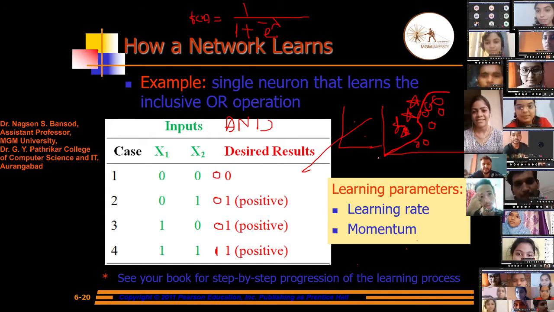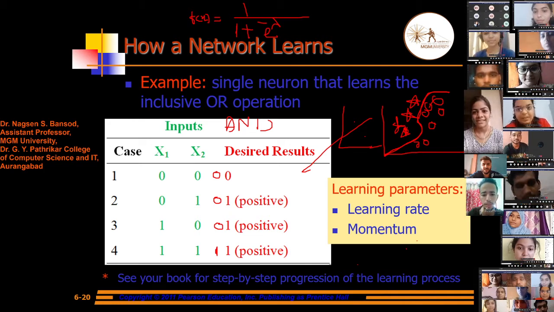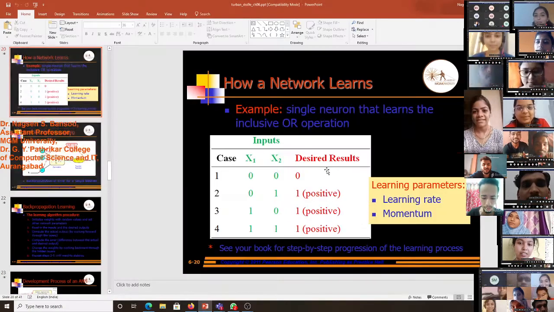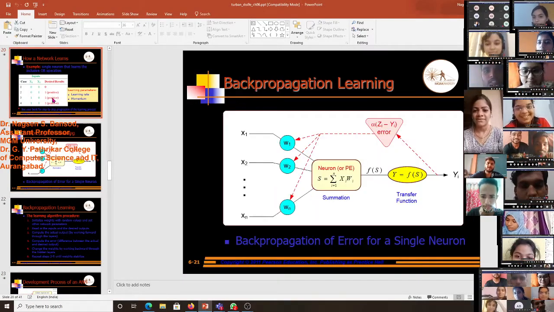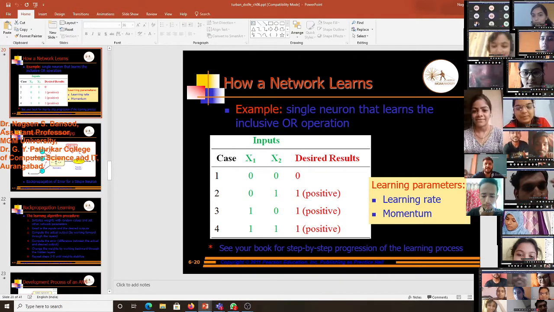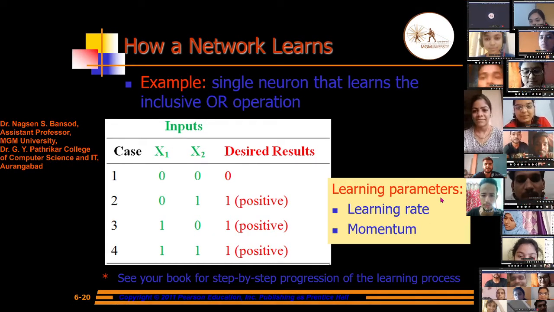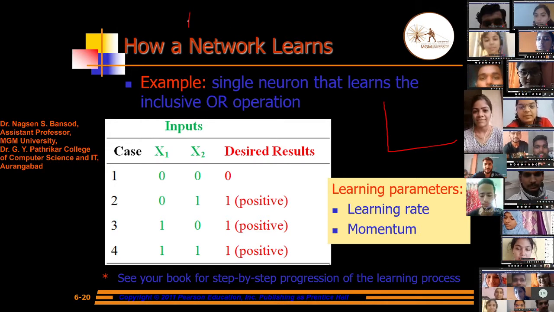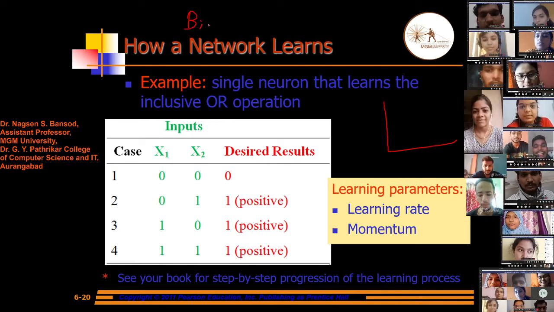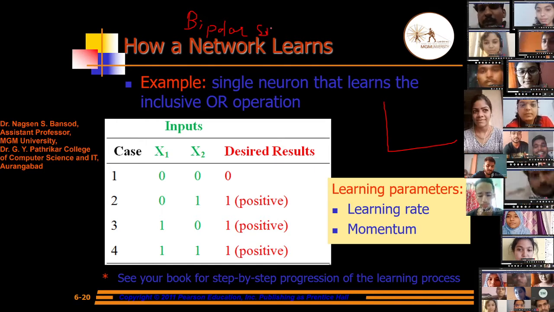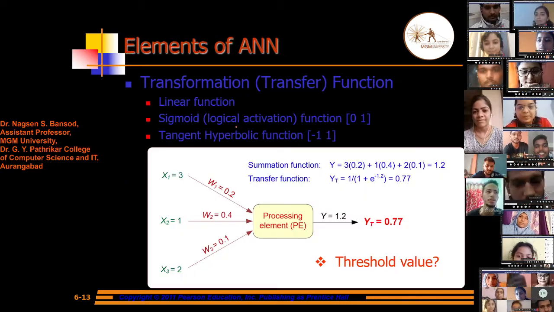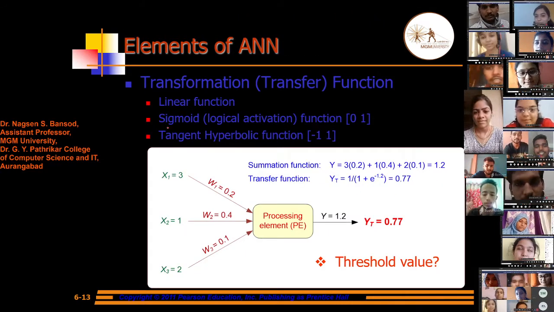Suppose our data is in the negative part, then we can use the bipolar sigmoidal function.